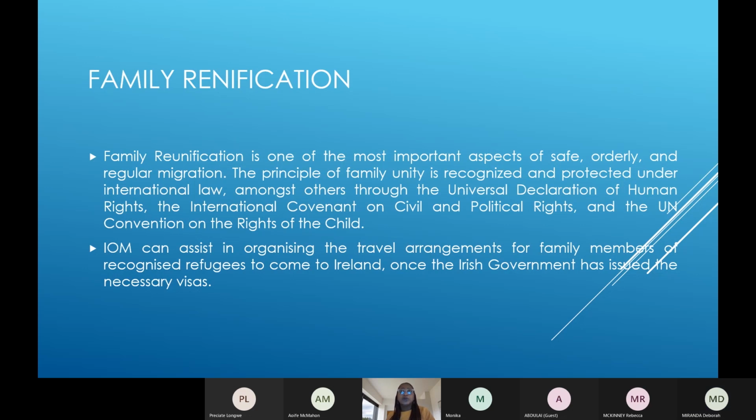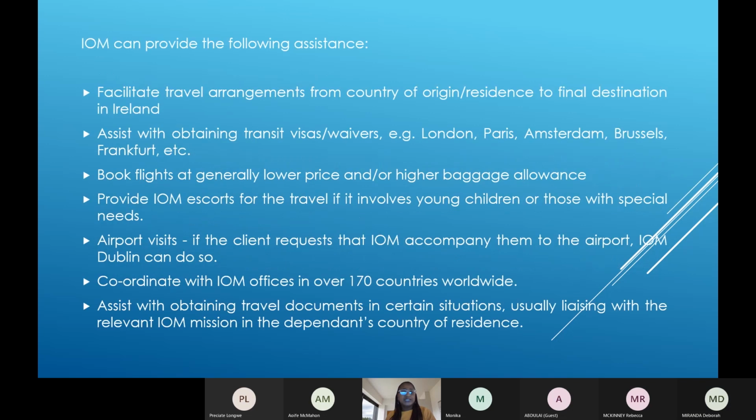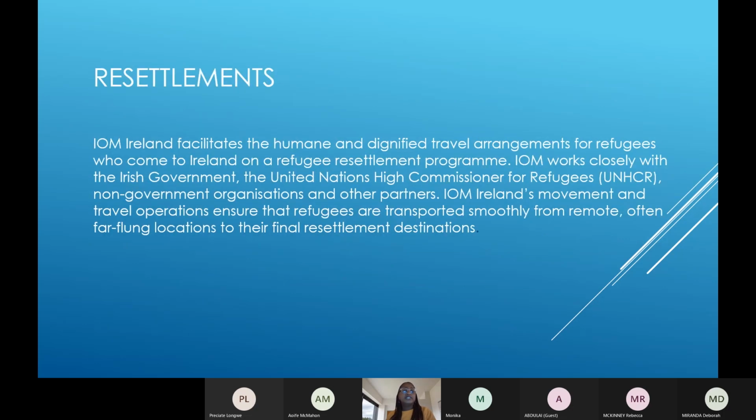We are not involved in this process at all, but we do assist with travel tickets, visa waivers, booking flights at generally lower prices, provide IOM escorts for the travel if it involves young children or those with special needs, airport visits, coordinating with IOM offices, and assisting with obtaining travel documents. There are situations whereby someone will not be able to get a passport on time. We will be able to assist with obtaining necessary travel documentation.